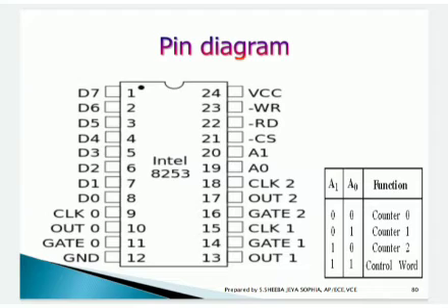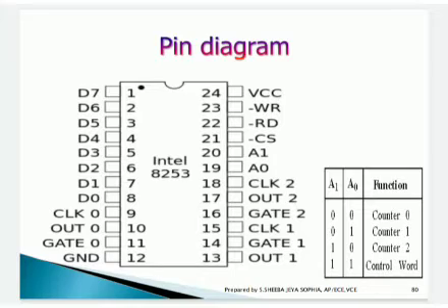You can see the pin diagram. It is a 24-pin dual-in-line package. It has 8 data pins, 2 clock pins, totally clock 0, clock 1, clock 2, 3 clock pins, 3 out pins and 3 gate pins available, 2 address pins, 1 write pin, read pin, chip select, and VCC and ground pins correspondingly.